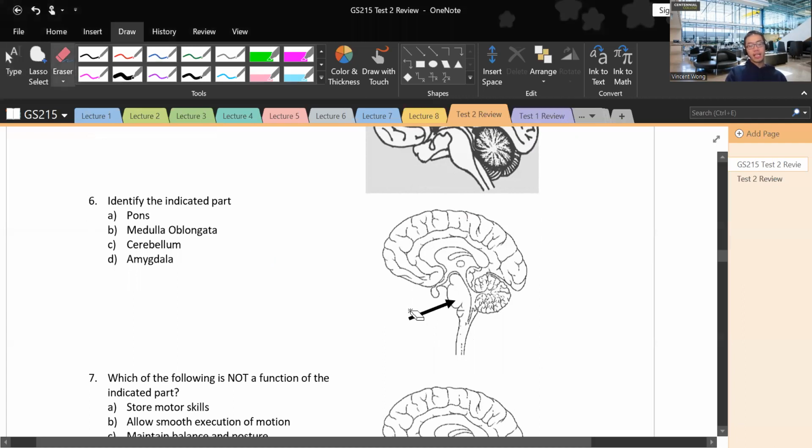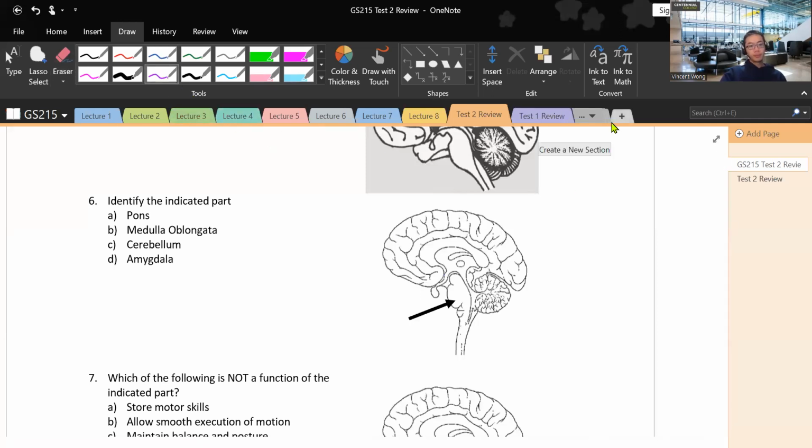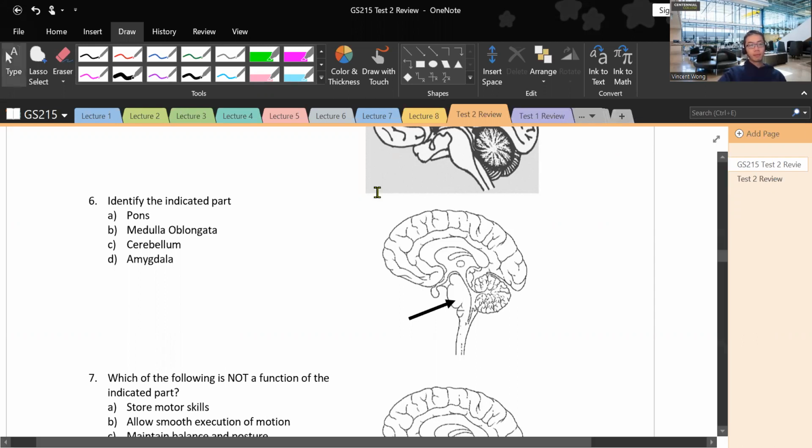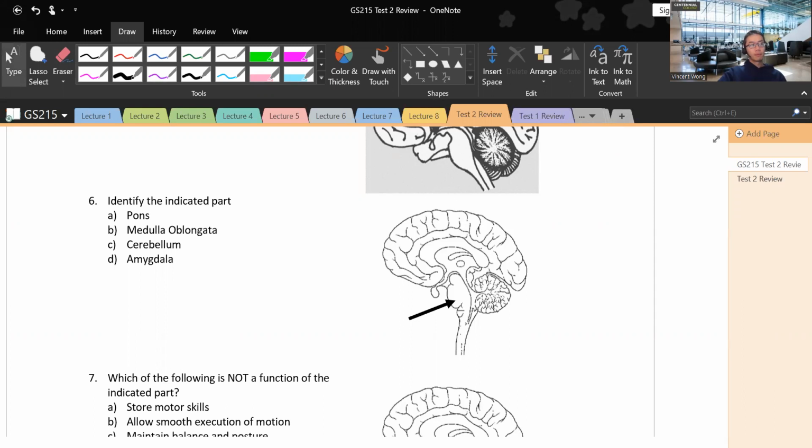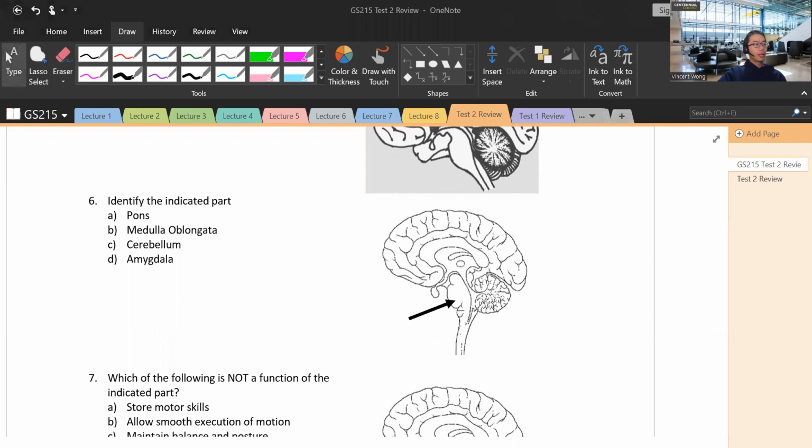Number 6, identify the indicated part. Okay, thank you.